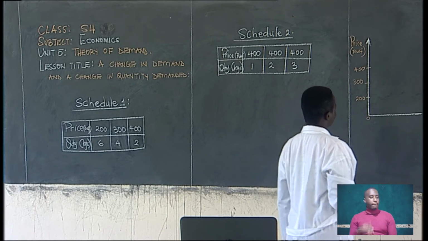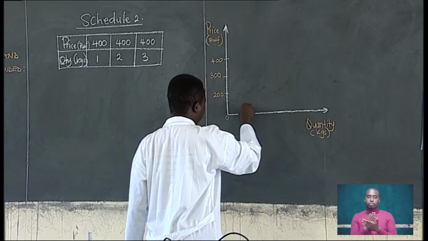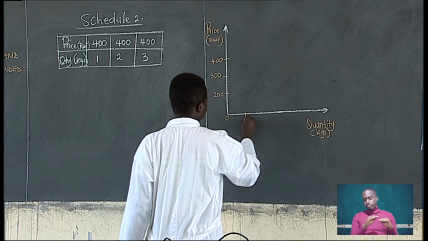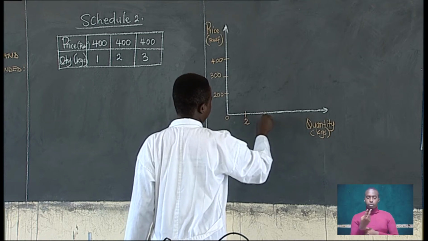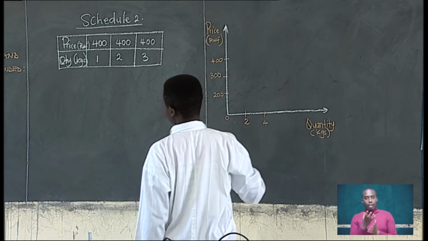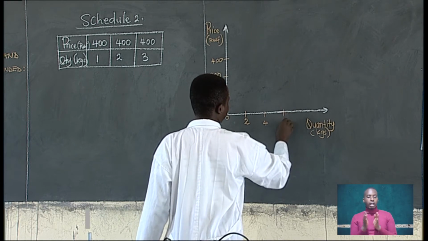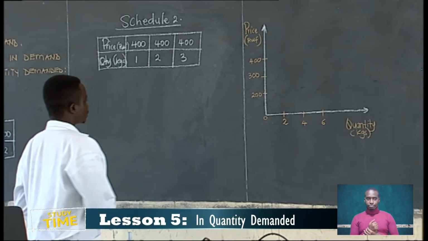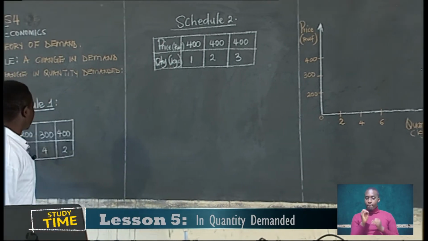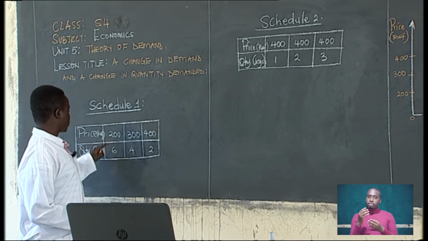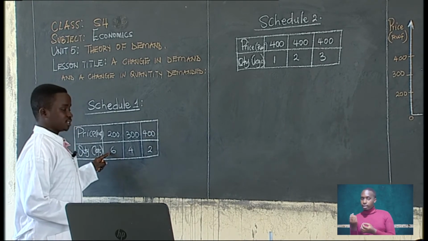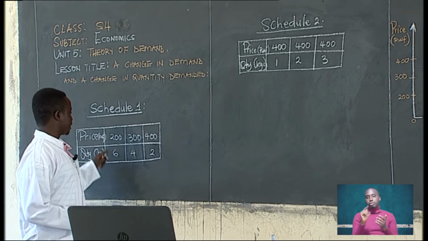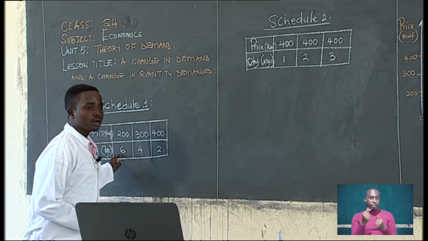On this x-axis, we have 2 units of the commodity, 4 units, and 6 units. So when the price was at 200 Rwandan francs, quantity demanded was 6 units, meaning that at a lower price, more quantity was bought.